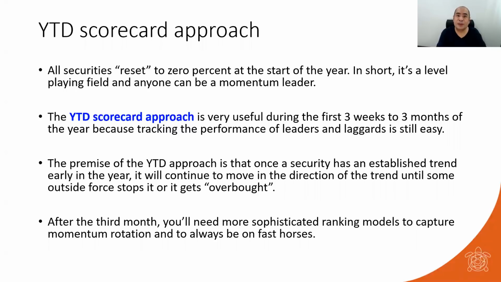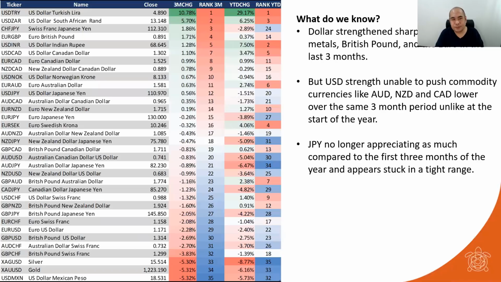That's when you need to start using more sophisticated models than the year-to-date scorecard approach. But the year-to-date scorecard approach still helps you define the bias for all the securities in your universe. You just need to tweak your approach and add a little bit of complexity so you can capture the momentum rotation across your investment universe.